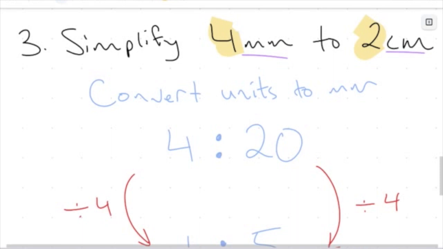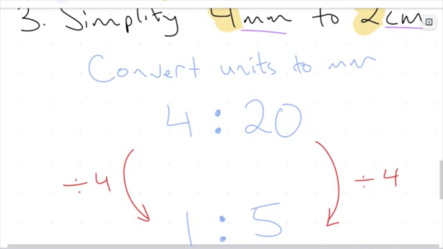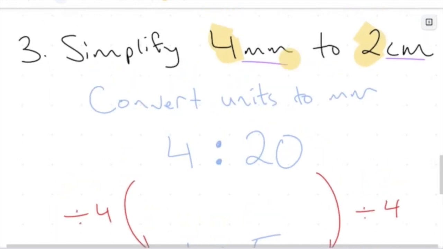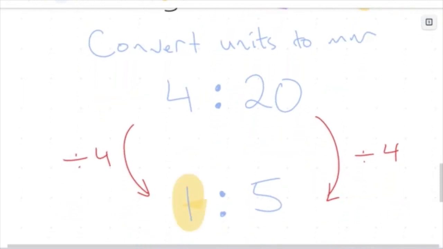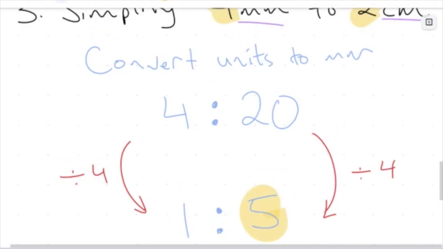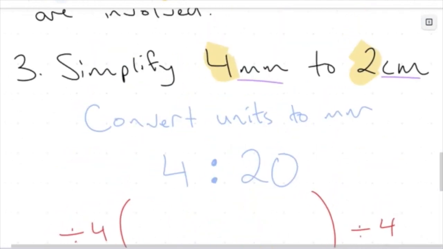If some of you have a 30 centimeter ruler and it's got the little millimeter markings, you'll be able to count 5 of these 4 millimeter notches for every 2 centimeters. So that means that what my ratio is telling me is that for each measurement here of 4, I can find 5 of those in my 2 centimeter measurement.